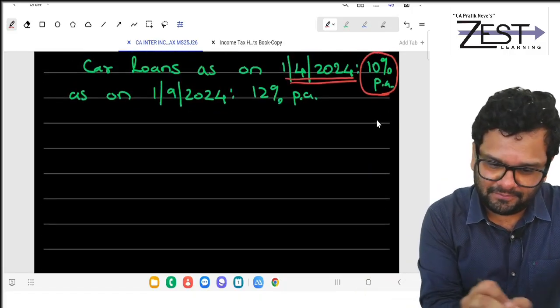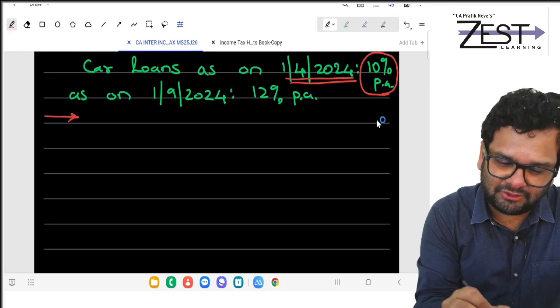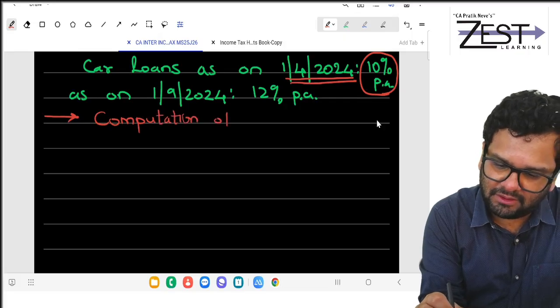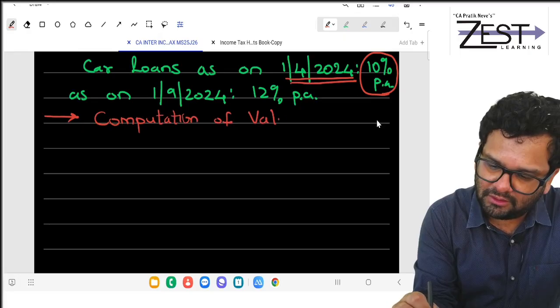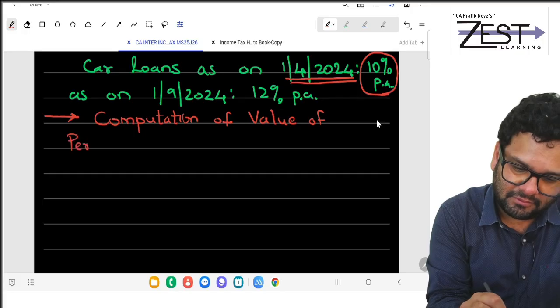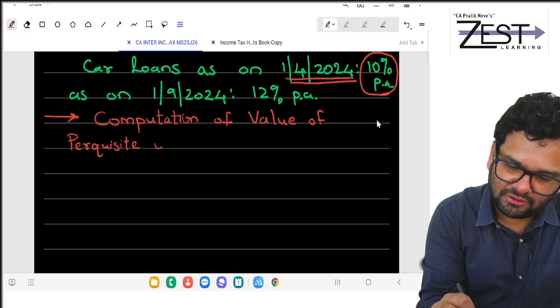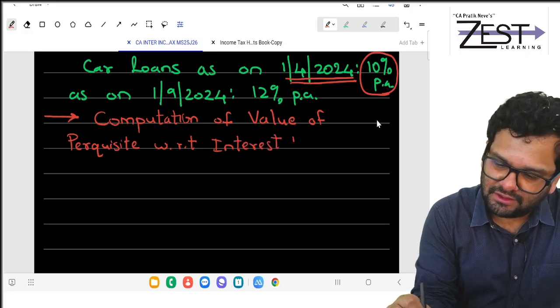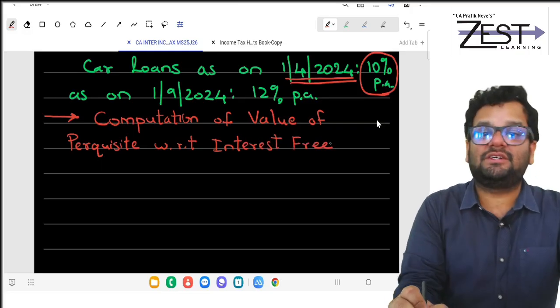How to do it? What exactly are you doing? You are doing computation of value of perquisite. With respect to which loan? Interest free. How did you understand it is interest free?